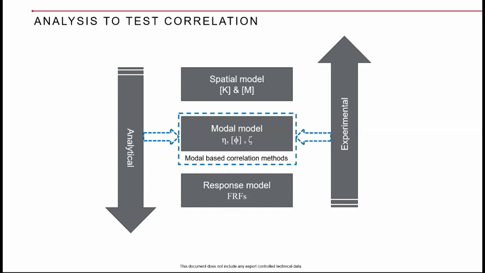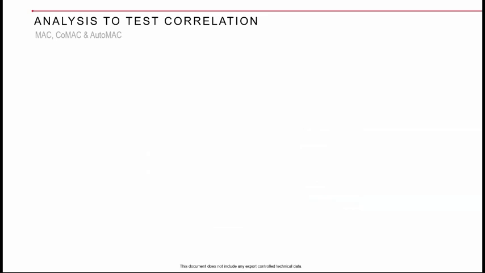So get that from the experimental data, you have them from the analytical data, and compare them. Okay. And the next method is response-based correlation methods. So we have frequency response methods also, frequency domain methods, but the most common one is model based approaches. So we'll focus in the next slide on how we can deal with analysis correlation or build confidence in your analytical models based on model based correlation methods.